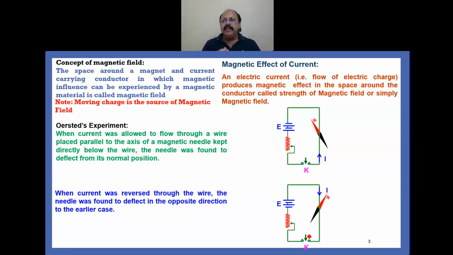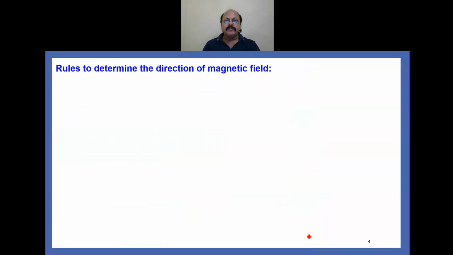Now you see that in these two diagrams, the deflection of the magnetic needle is different in both cases. That basically depends on the direction of current, and it is given by Ampere's swimming rule. So do you understand what is Ampere's swimming rule?